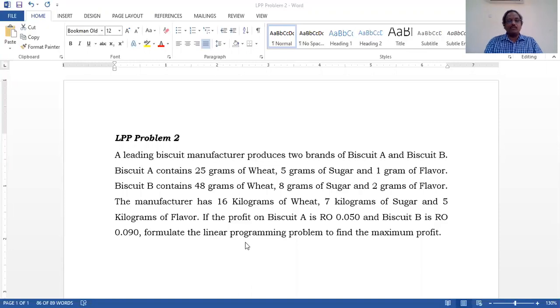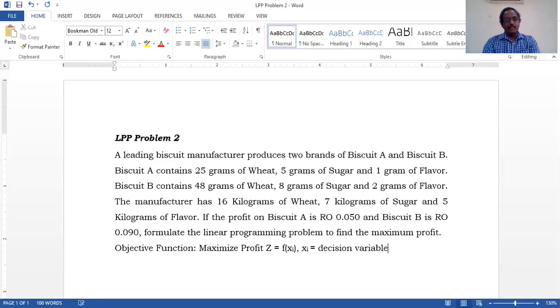So our objective function will be to maximize the profit, Z is equal to f of xi, where xi are the decision variables involved.